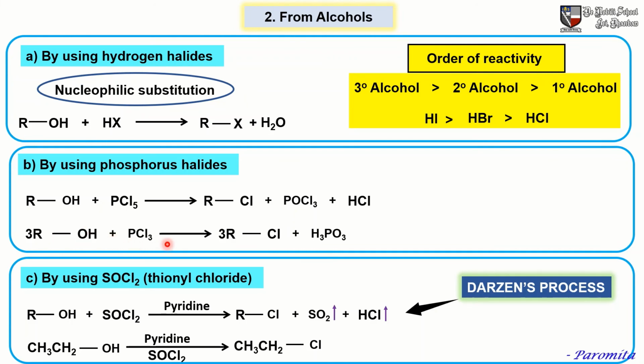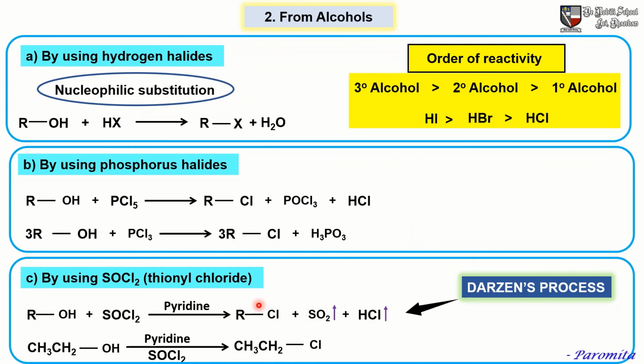Similarly, alcohol is reacting with PCl3 to give RCl. These phosphorus halides are prepared by treating red phosphorus with a halogen. The advantage of using phosphorus halides is that the reaction does not involve a carbocation intermediate. So this is free from any kind of rearrangement.